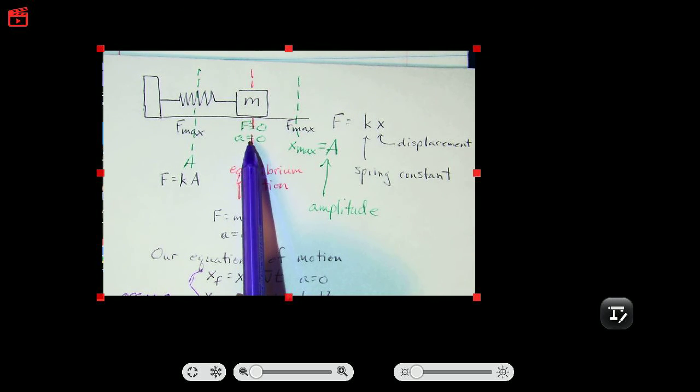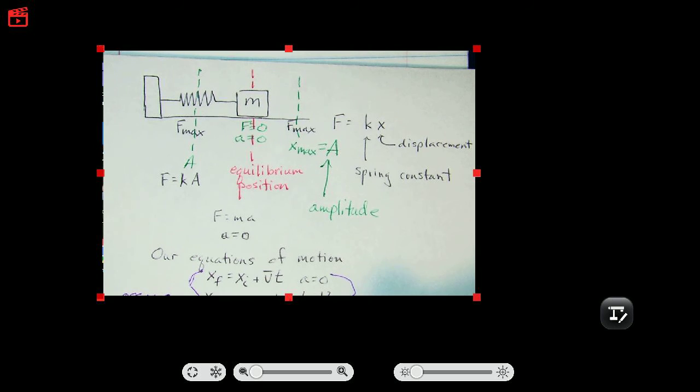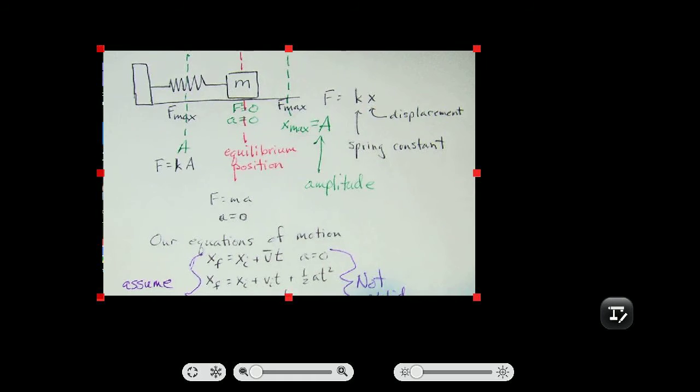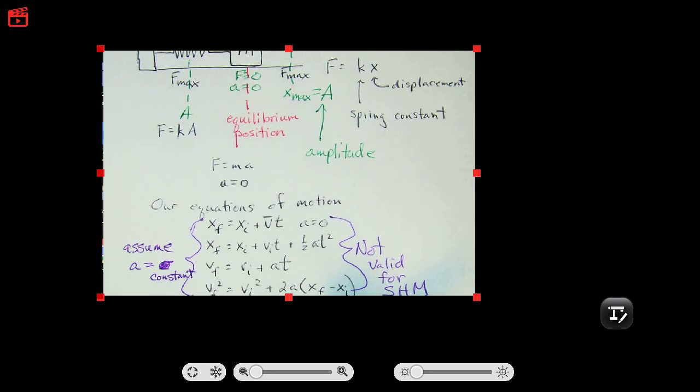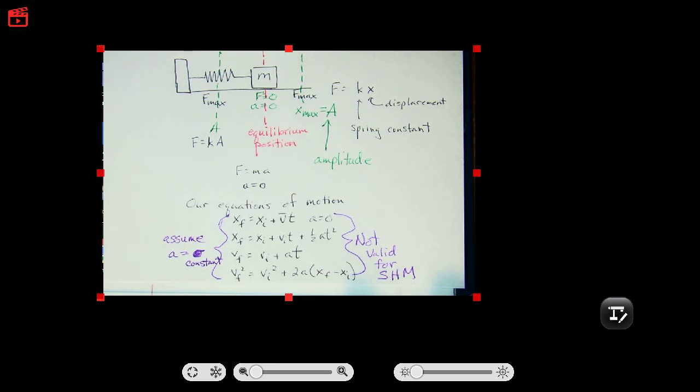But as we get towards 0, x is 0, our force goes to 0, our acceleration goes to 0. So our acceleration is changing constantly. That means all of these equations are not valid for simple harmonic motion. Okay?